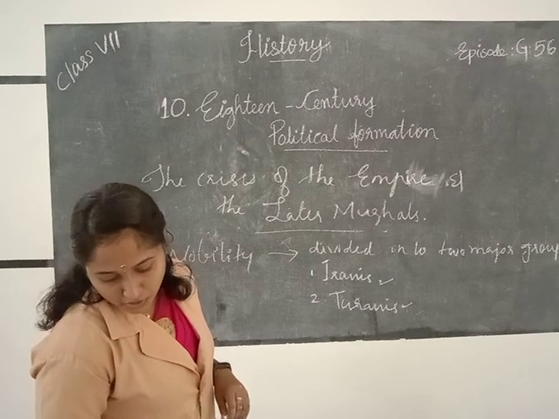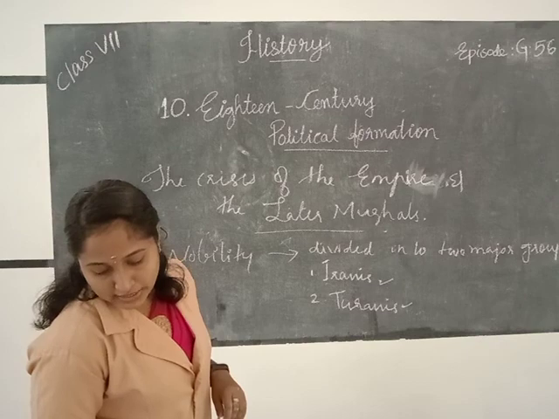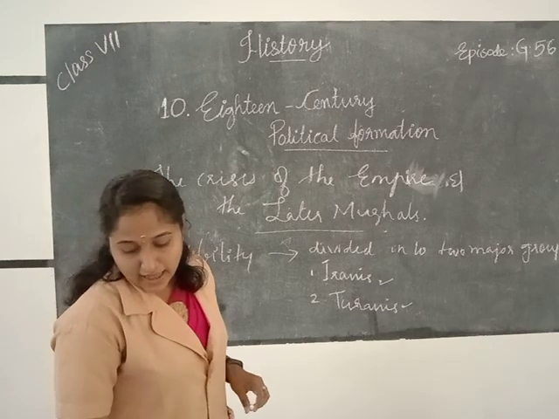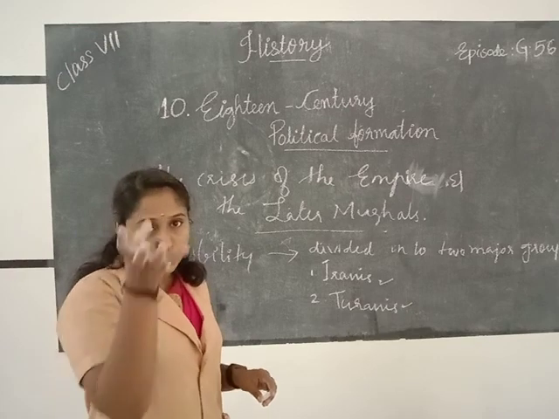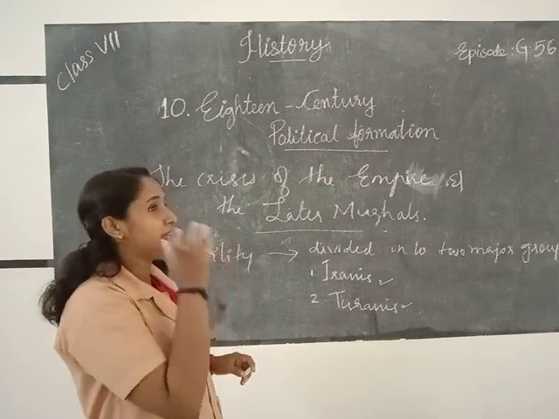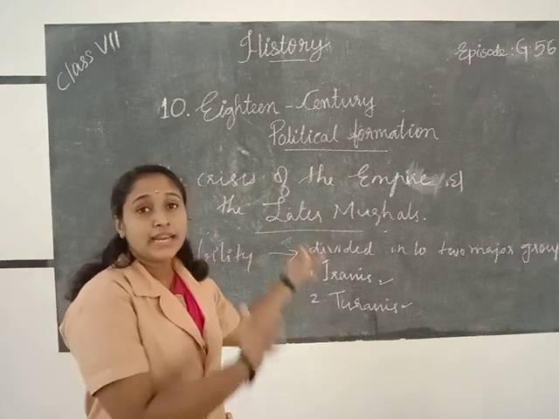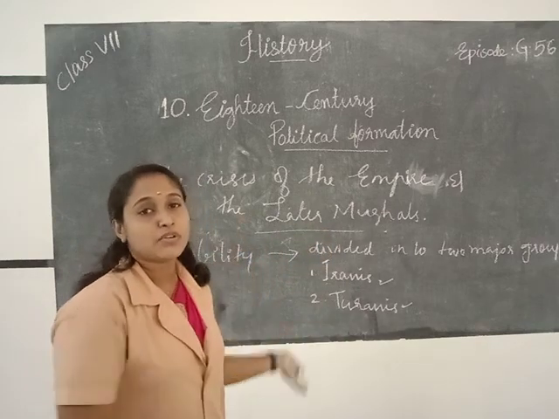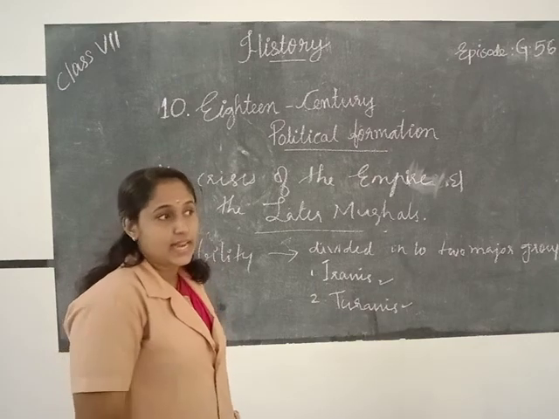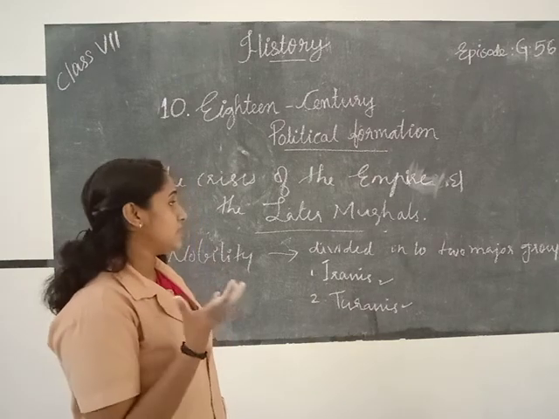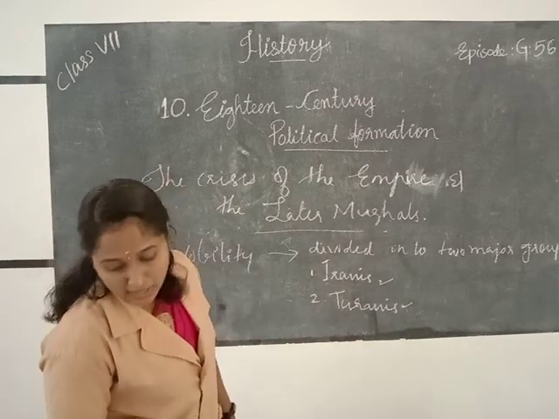In your textbook, pages 114 and 141, there are boxes like Rich Harvest and Empty Coffers. They also show what happened in the culture and economic structure under the Mughals at the starting point of the 18th century. And Nadir Shah's attack on Delhi, we also discussed, Nadir Shah was an Afghan ruler.